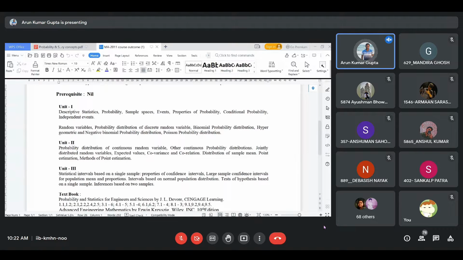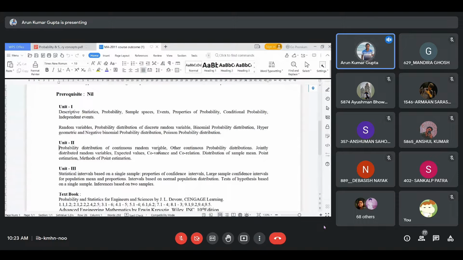I will tell you how, if a function is known to you, you define the corresponding probability distribution. We'll discuss that there. Next, we will have other continuous probability distributions.